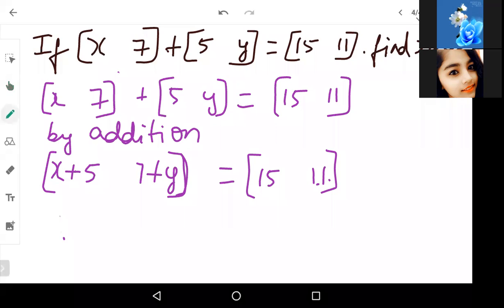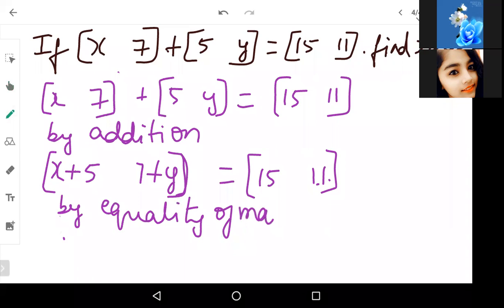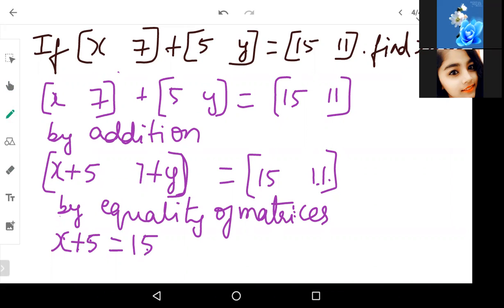Now, by equality of matrices, X plus 5 is equal to 15 because corresponding value for X plus 5 is 15 and 7 plus Y is equal to 11. So if you see here, X plus 5, the corresponding value is 15. 7 plus Y, the corresponding value is 11.